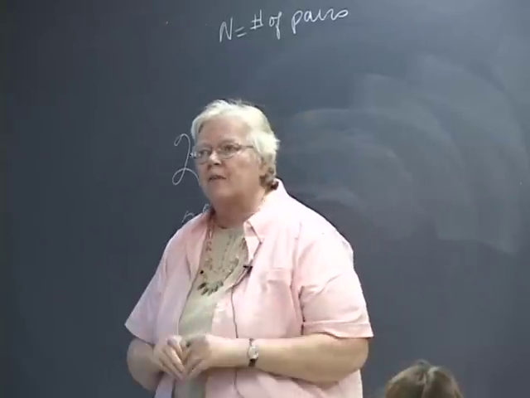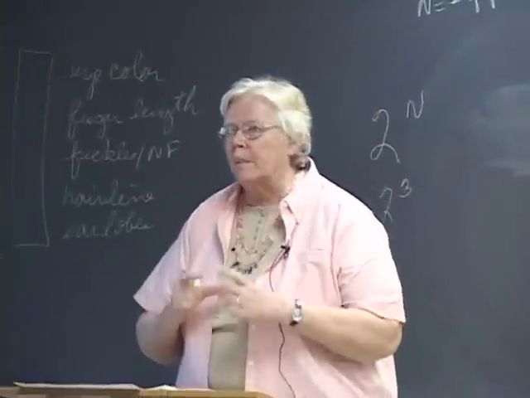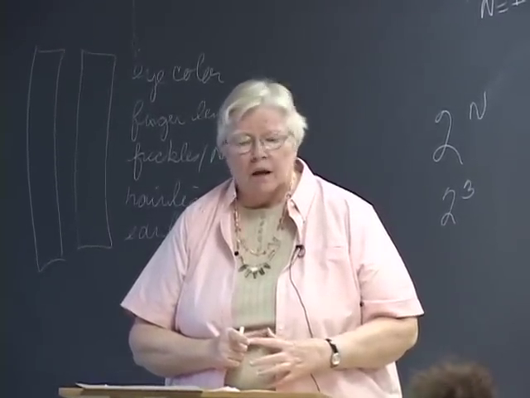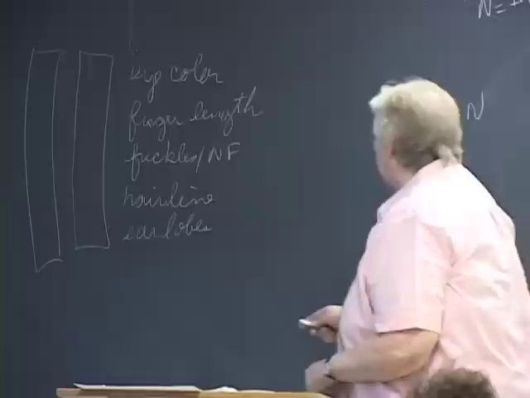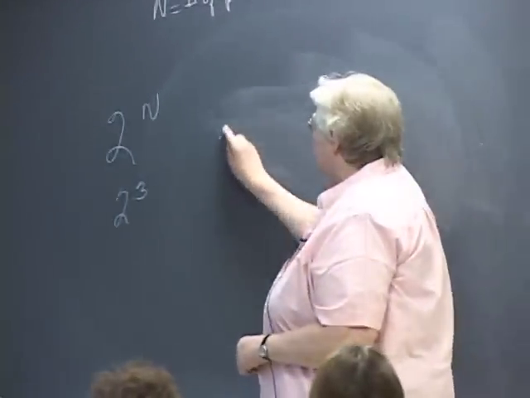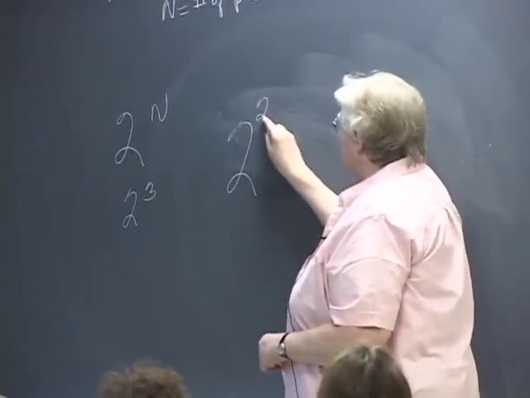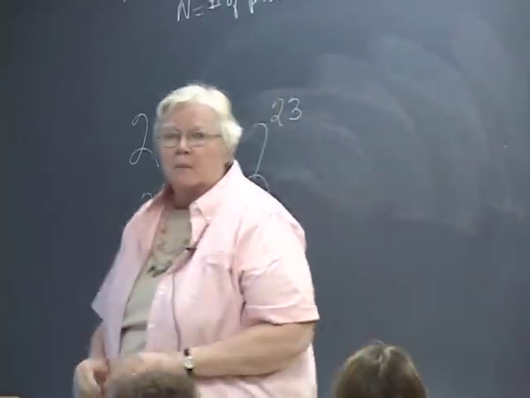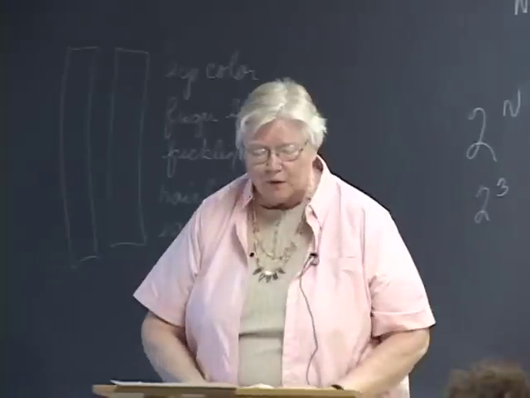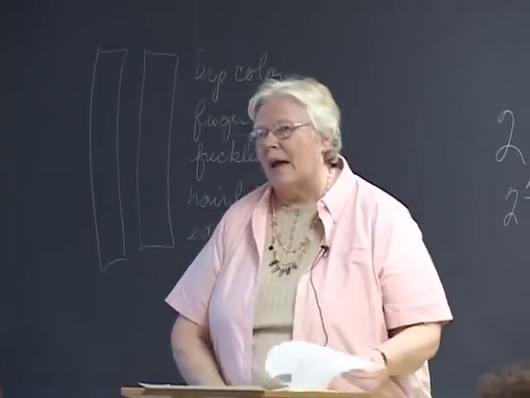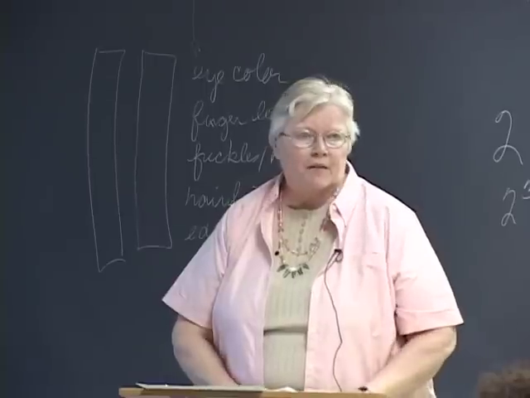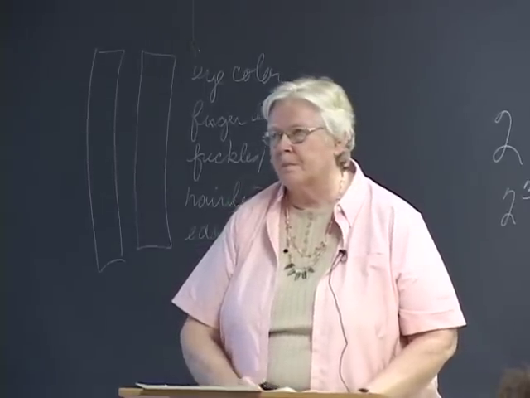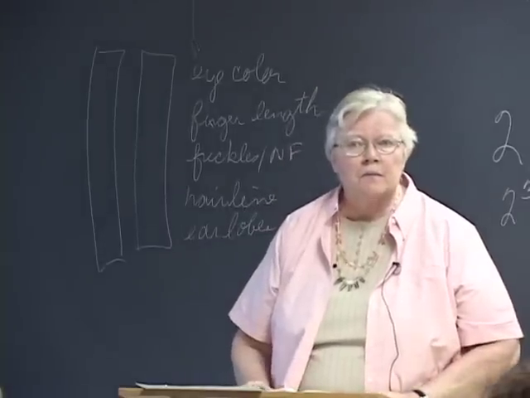So we would have 8 different possibilities of what we could end up with in the sperm cell or the egg cell. So for humans, we have 23 pairs. So 2 to the 23rd. Okay, I'm not going to do that one in my head. My head only goes so far. But it's around 8.5 million different possible combinations. Any questions?